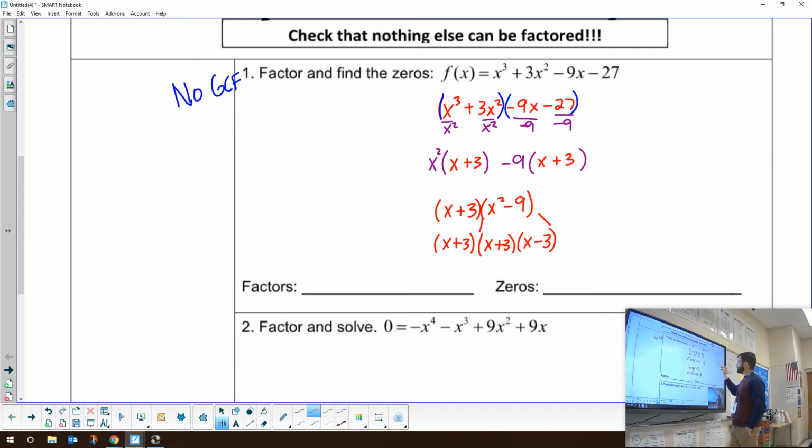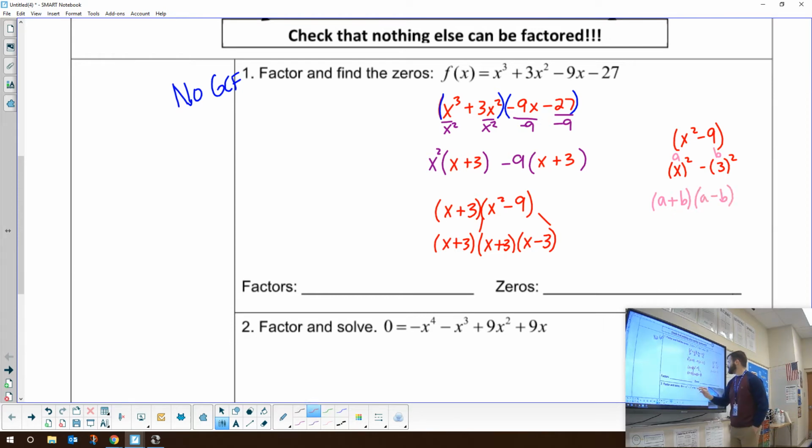And the way it does that is, remember, if we have a difference of squares, if we have x squared minus 9, that's saying that's x squared minus 3 squared. So this is my a, this is my b. So I can write it out as, remember, it's a plus b times a minus b.